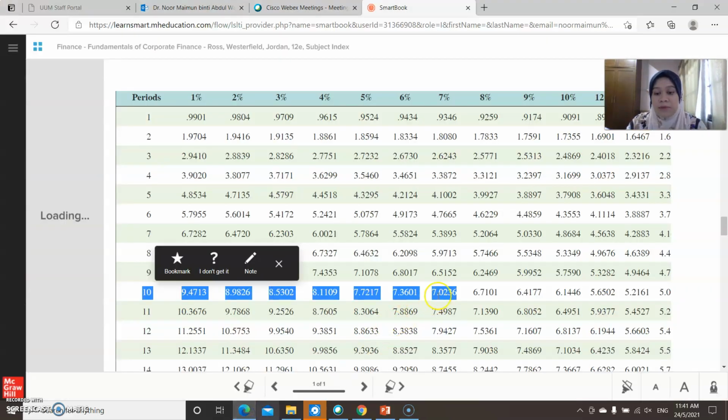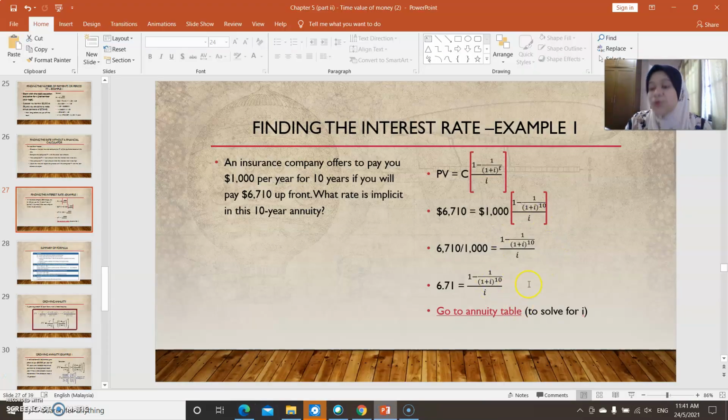So you go to the table, find 6.71, and see which interest rate it falls under. It is 8%. So you put 8% inside here, and now you know that the answer for the interest rate is 8%.